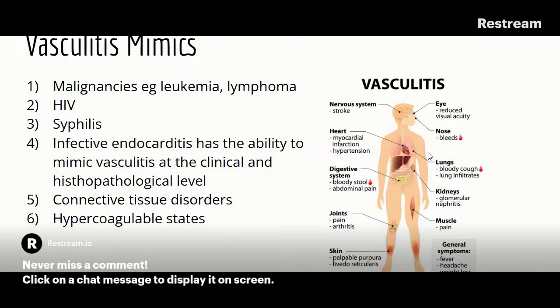So if someone comes in, they're having a nosebleed, a bloody cough, a bit of bloody stool, or lightly bloody urine, that might be a hematological problem. That might be a platelet deficiency. That might be some sort of hemophilia. That might be a lot of things. But it can be vasculitis, and therefore you have to exclude it as well.